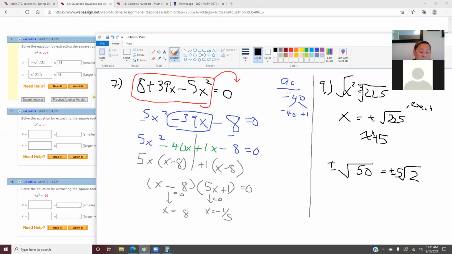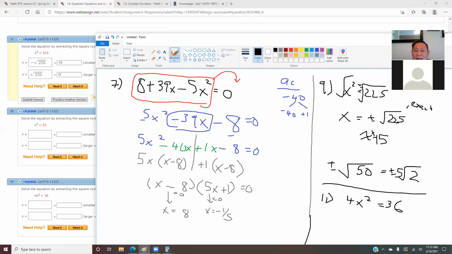11 is the same thing, Sinu. 4x squared equals 36. I just want to point out that if you are deciding what method is best to use, if you look at these 3 questions, number 9, number 10, and 11, you don't see an x term in here.